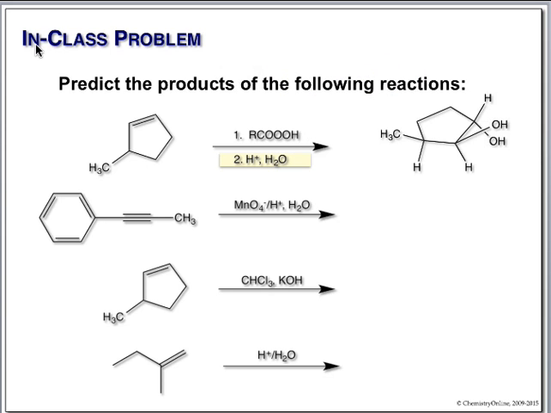Any questions? So just recalling what we know, if we do alkaline permanganate, we get a cis 1,2-diol. If we do per acid followed by aqueous acid, we get a trans 1,2-diol.